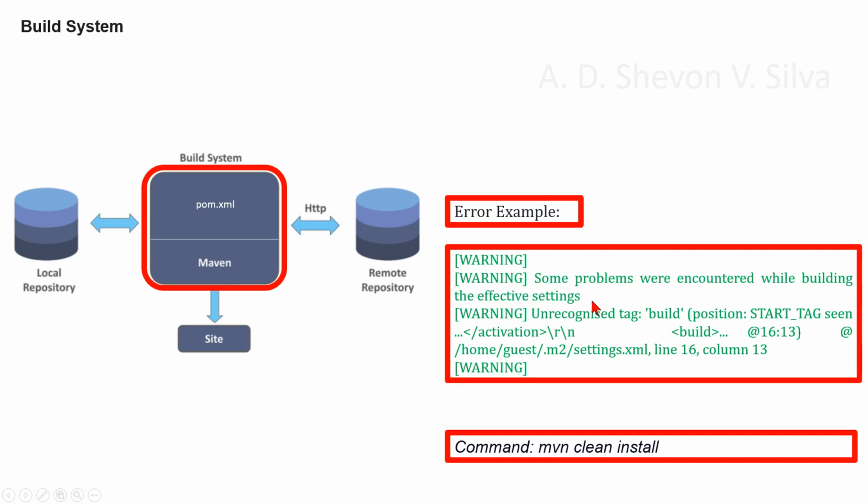Some problems were encountered while building an effective settings: unrecognized tag, build, position, start tag, seen in activation, and build at /home/guest/.m2/settings.xml, line 16, column 13. This occurred during the command mvn clean install.